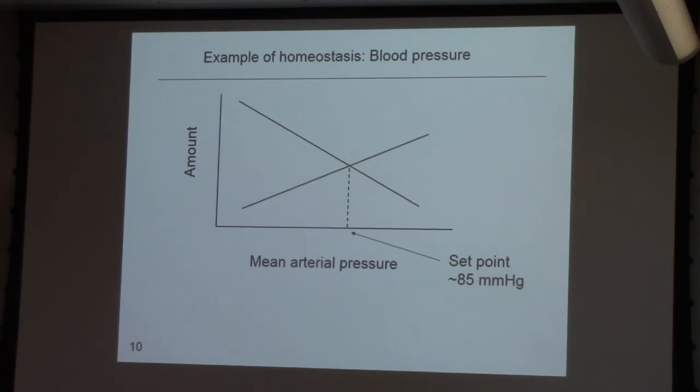So, here's the logic. If the arterial pressure goes down, we would want to increase stroke volume. So we would increase stroke volume in order to increase mean arterial pressure. What else? Systemic vascular resistance would also go up here.